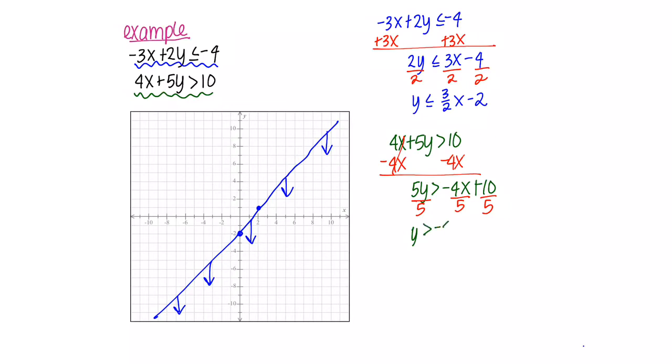Y greater than negative 4/5 x plus 2. So I'm going to plot this guy. The y-intercept is 2. That's down 4, right 5. Right here. No underline means this should be a dashed line. And it's greater than, which means we should be shading above.